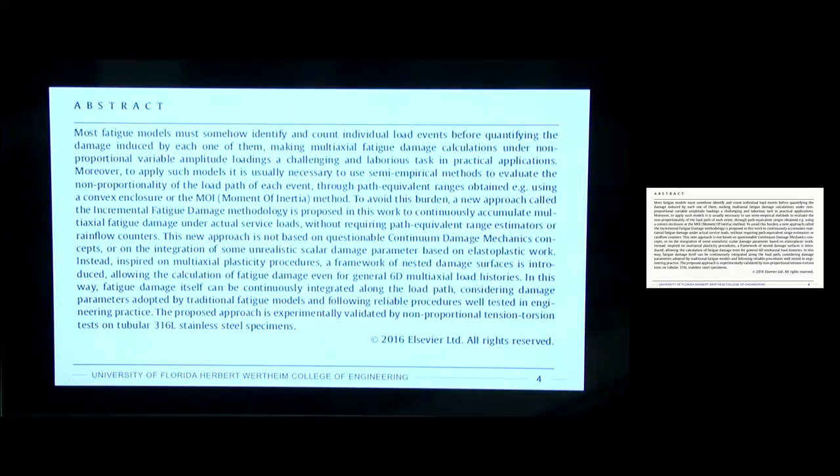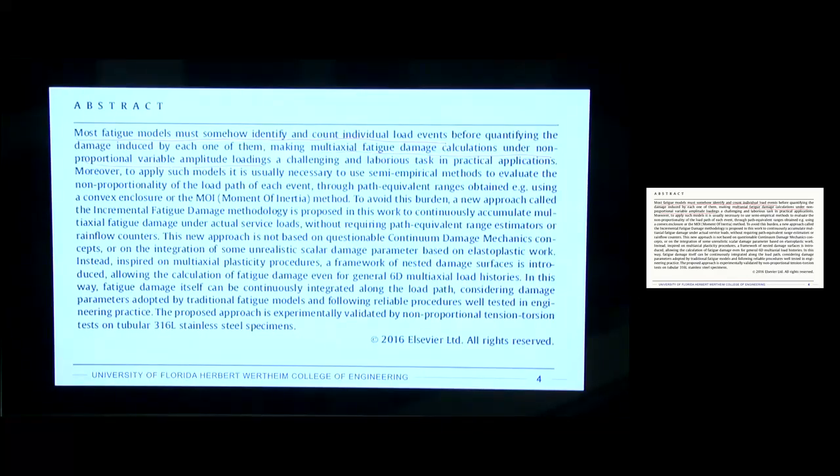So this abstract, as most abstracts do, starts with a general introduction, right? And the general introduction is about fatigue models. It says fatigue models must somehow identify and count individual load events before quantifying the damage induced by each one of them, making multi-axial fatigue damage calculations under non-proportional loadings a challenging and laborious task in practical applications.